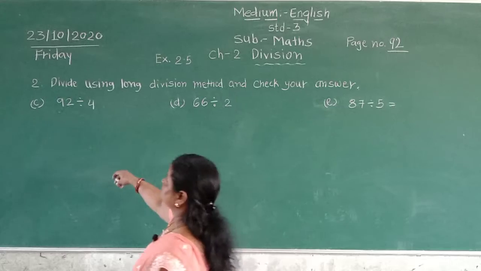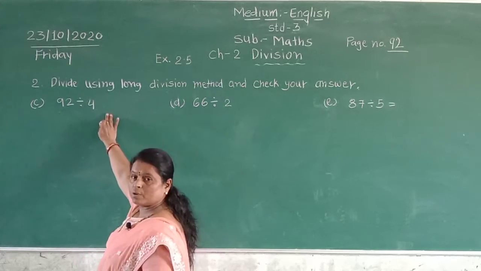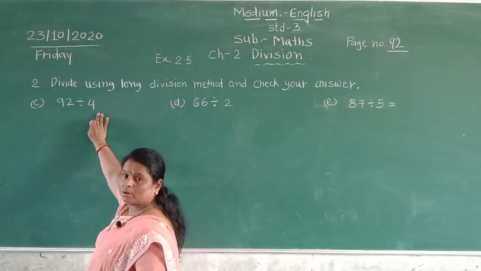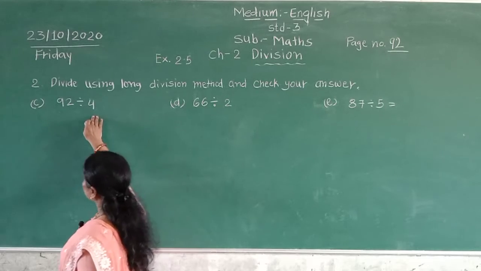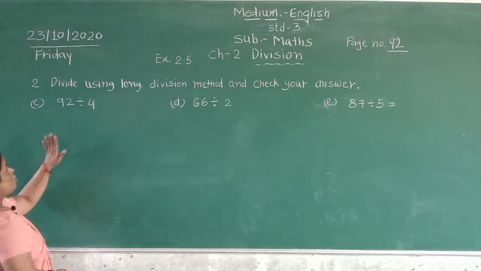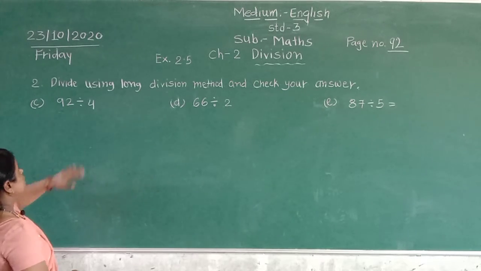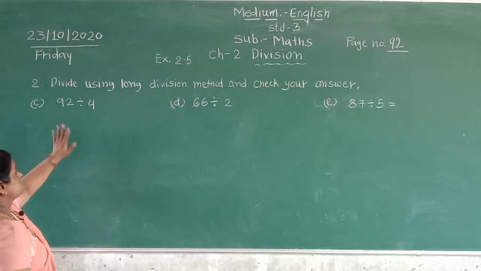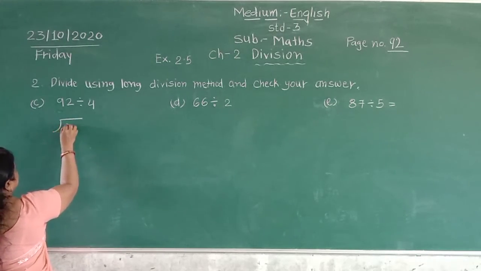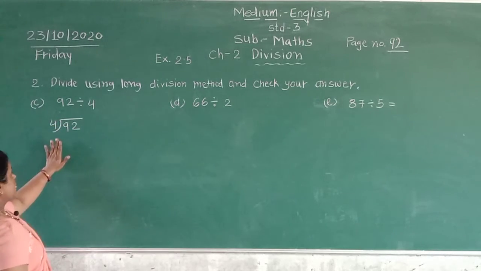Now next sum, 92 divided by 4. So we divide 92 by 4. We do the long division method, we do not use the multiplication table. So here we write 92 divided by 4.